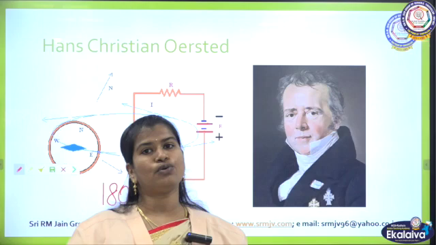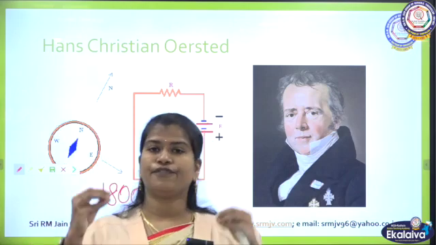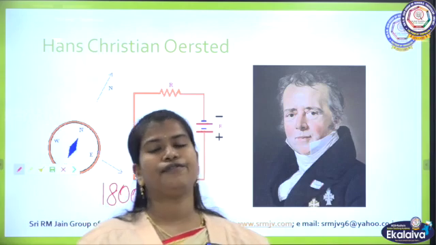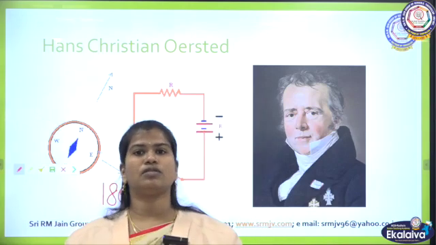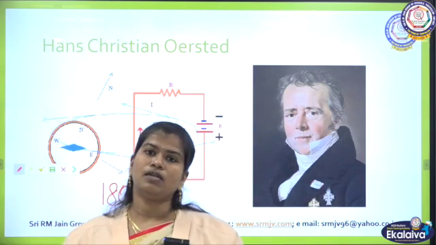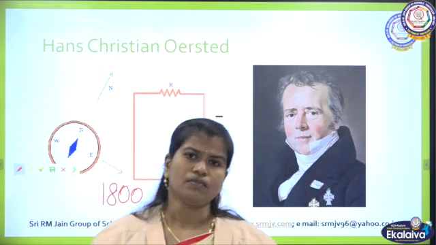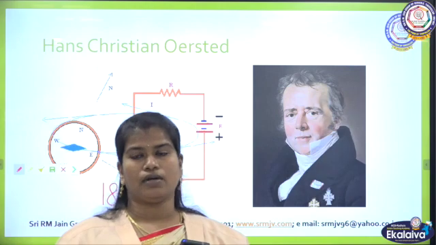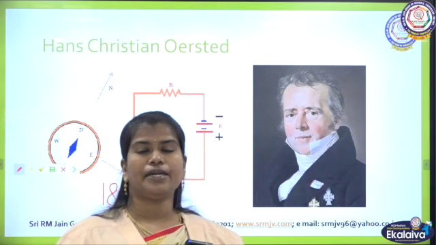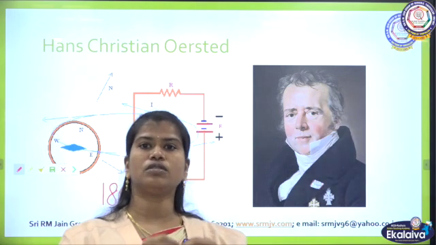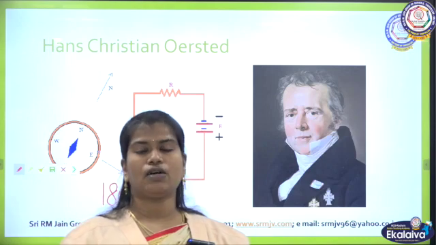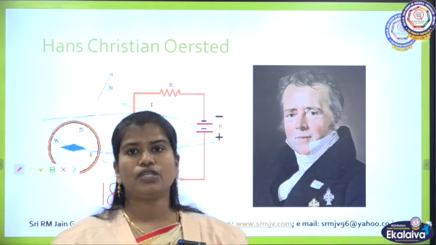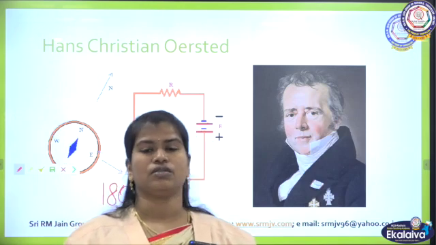For example, you know the property of a magnet. If you bring like poles near, obviously they will repel, and if you bring unlike poles near to each other, they will attract each other. So this is the property of a magnet. Why does it happen so? Because there is a magnetic field around the magnet which influences the repulsion or attraction.